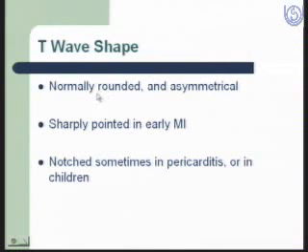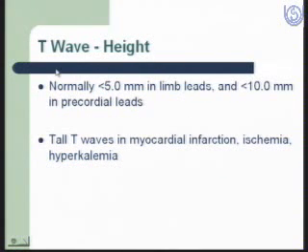Normal T wave is rounded and asymmetrical and becomes sharply pointed in hyperacute myocardial infarction, and it is sometimes notched in patients with pericarditis or sometimes normally in children. Normal T wave height is less than 5 millimeters in limb leads and less than 10 millimeters in precordial leads. Tall T waves are seen in patients with myocardial infarction, ischemia or in patients with hyperkalemia.